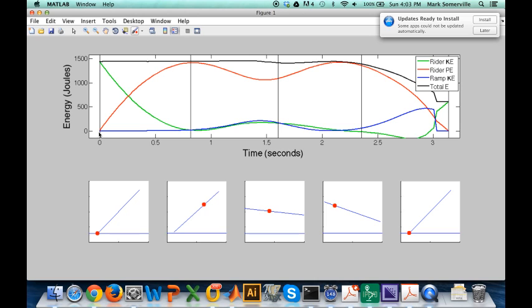If you follow the rider potential energy, you can see it starts out at 0 and gets pretty high at this point. Apparently at this time, which is marked by this vertical line, the rider's gotten about as high as the rider's going to get. Right now, the rider has gone back down and is close to around the pivot point. So that's the potential energy associated with being at the pivot point.